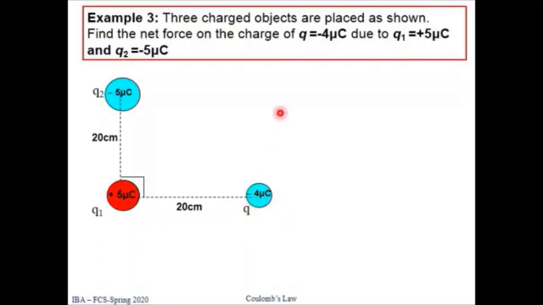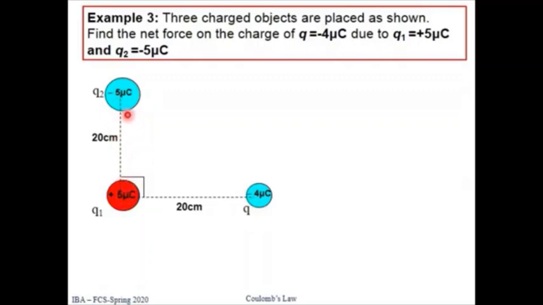Therefore, as per the given problem, we need to find the net force on minus 4 microcoulomb. This is the charge where we need to find the force from these two charges.